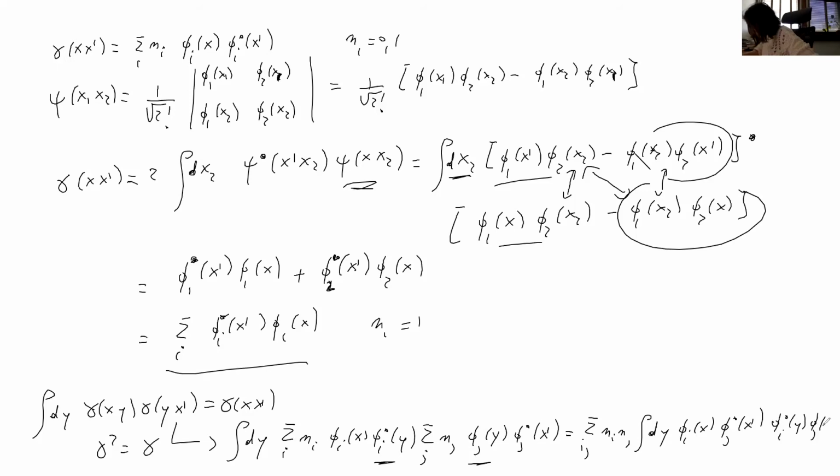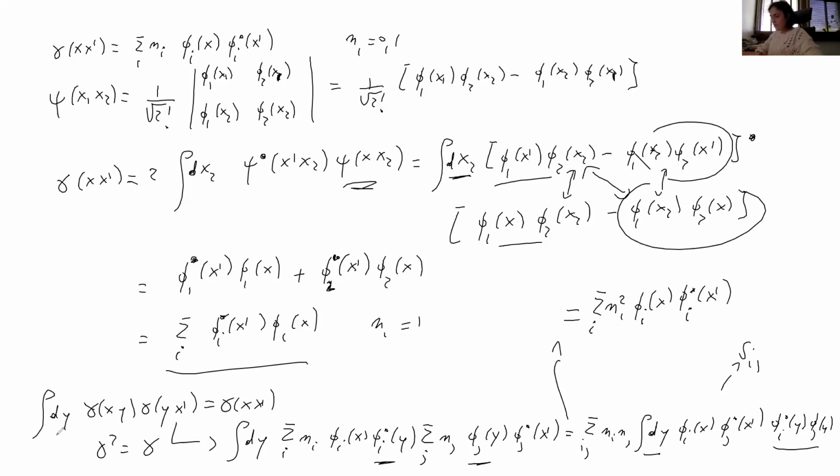So the integral over y of these things will give us a delta ij, and overall all this becomes n i squared phi i x phi i star x prime.